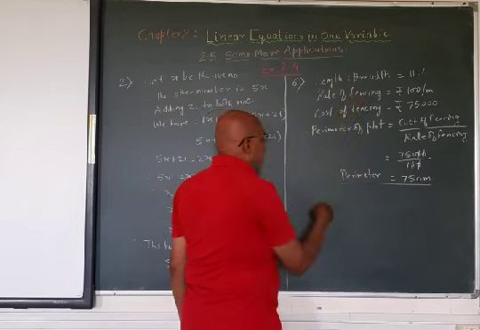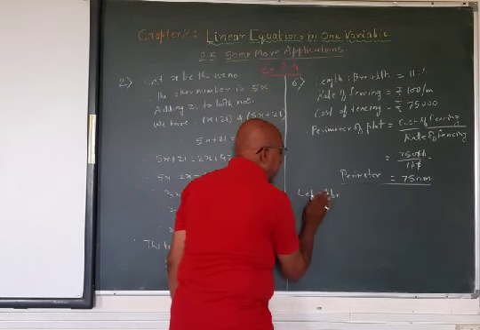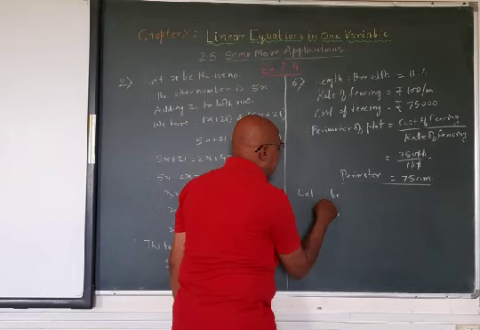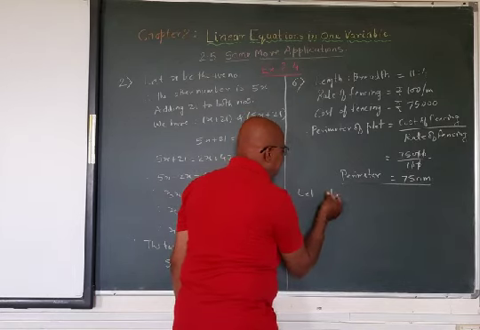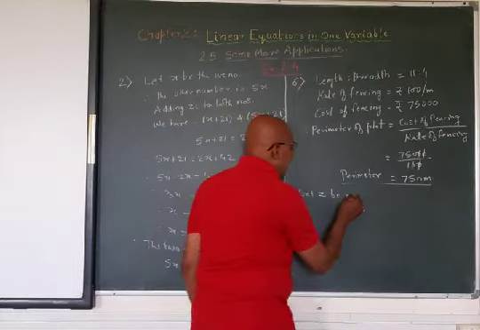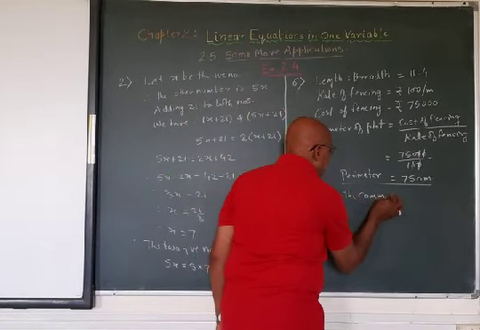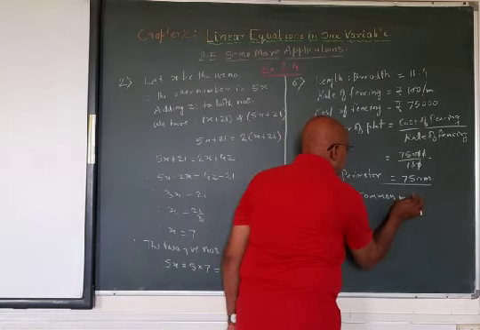As the ratio is given, we will say let m be... not m, because m indicates meter here, so we will take another letter, say z.